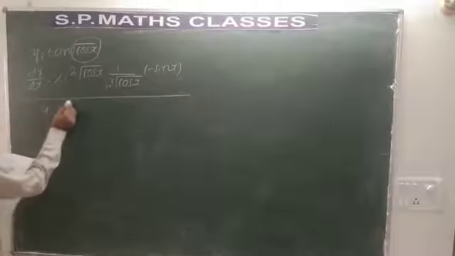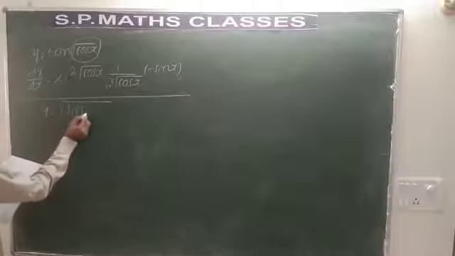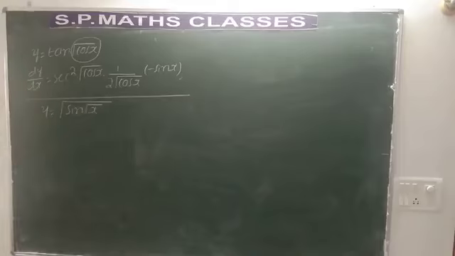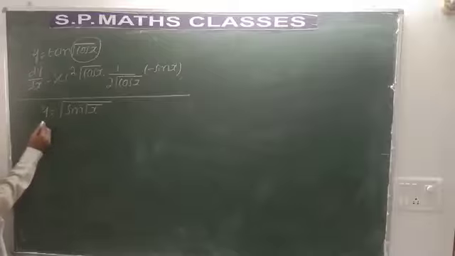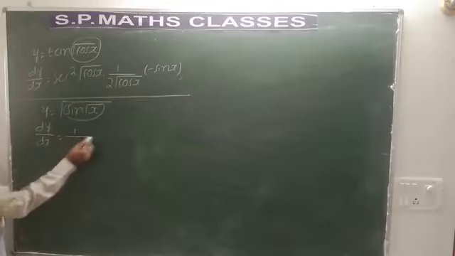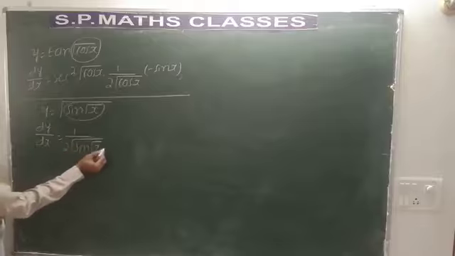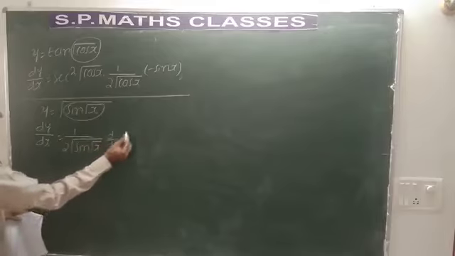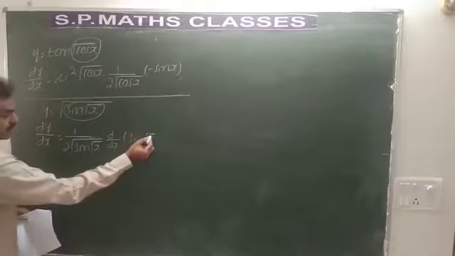What about y is equal to root of sin root x? This is what the question is. Very simple. How can this be solved? dy by dx is equal to, take this as x. What is the derivative of root x? 1 by 2 root x into derivative of, I have to take sin root x.